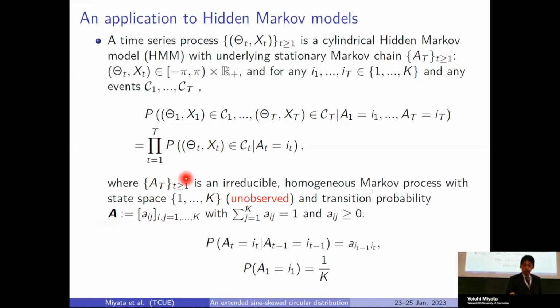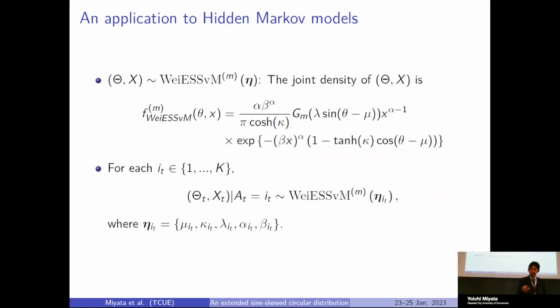Then the random variables theta_t and x_t are generated from the probability distribution corresponding to the randomly assigned state i_t. As a component, we use the proposed cylindrical distribution.